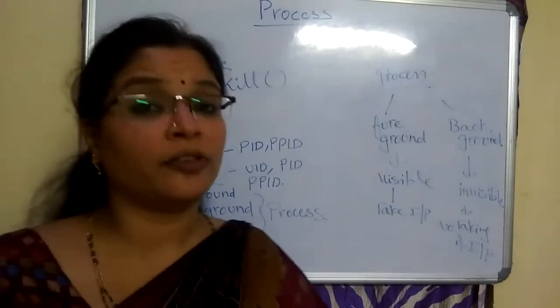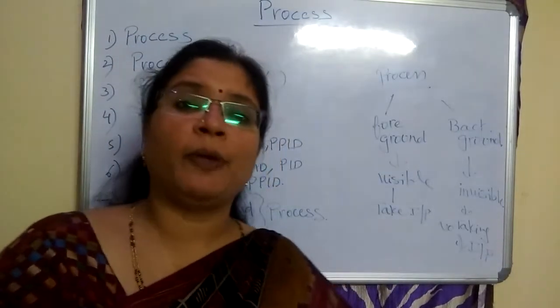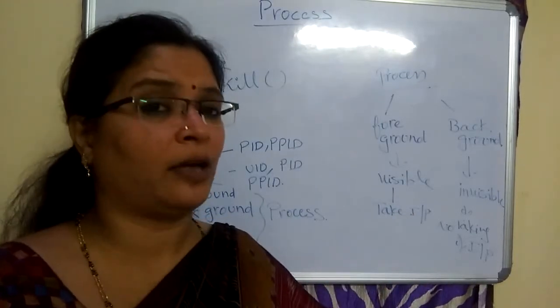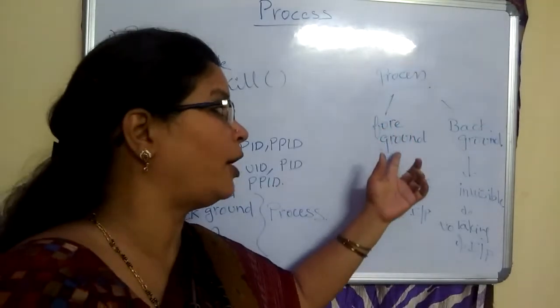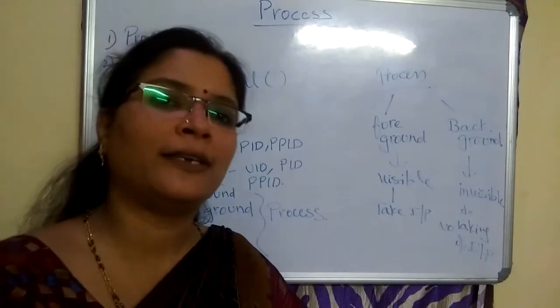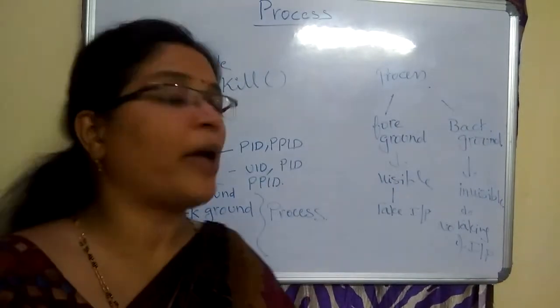Foreground processes are visible. The current ongoing activity, it may be a command or it may be a program under execution. A shell programming script is one example, or it may be a command under execution. All these things can be called foreground processes, which take the input from the user. You can see the output along with the process from the user. And the next one is the background process.